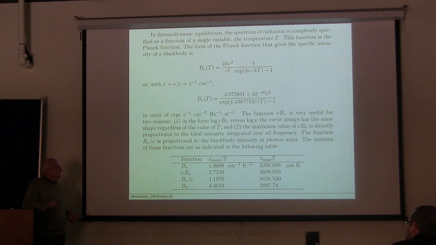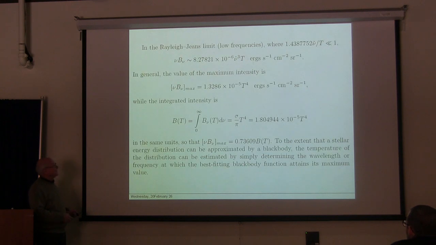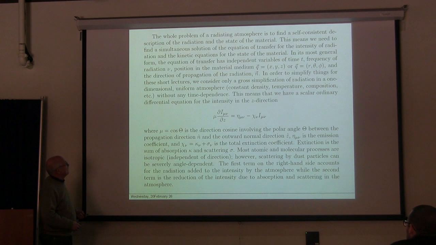But the useful thing is that the shape of that curve remains the same under translations in temperature and also in total power. So that's very useful. That's why I bothered to put this in the notes. Then we have the equation of radiative transfer.